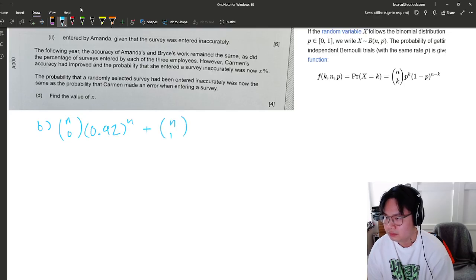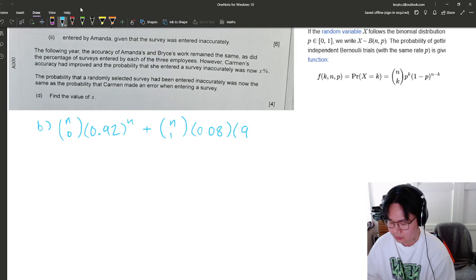N choose 1. How is this only 3 marks? Am I going crazy?